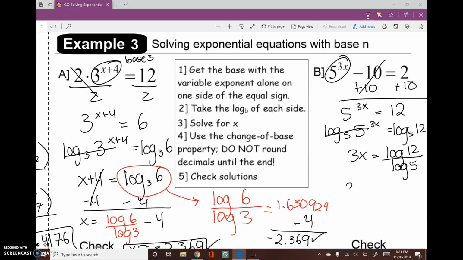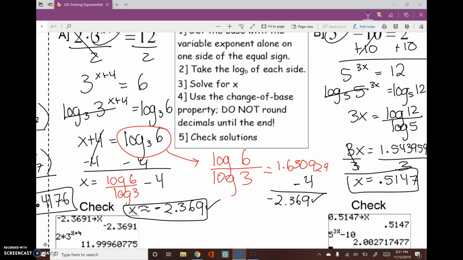If I plug that into your calculator, that gives me log of 12 divided by log of 5. It's about 1.543959. I divide that by 3. So then x is 0.5147, and that's the answer.